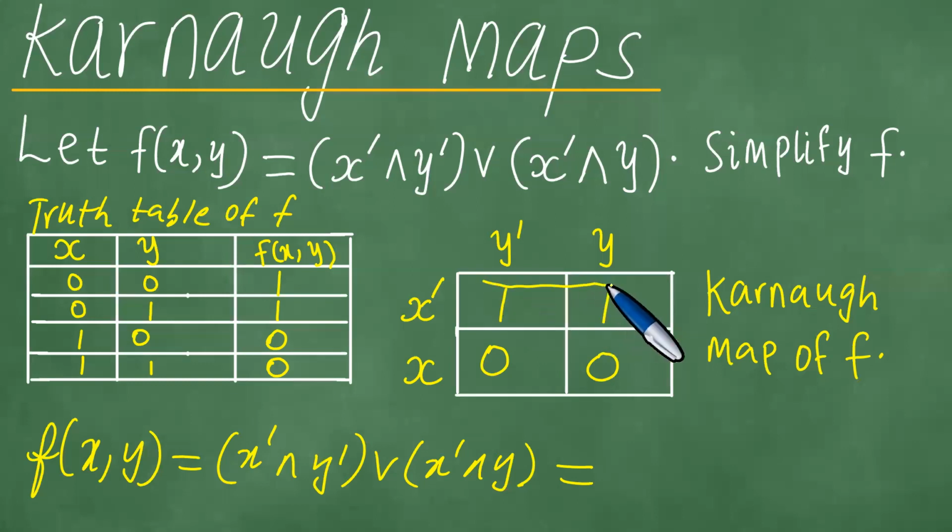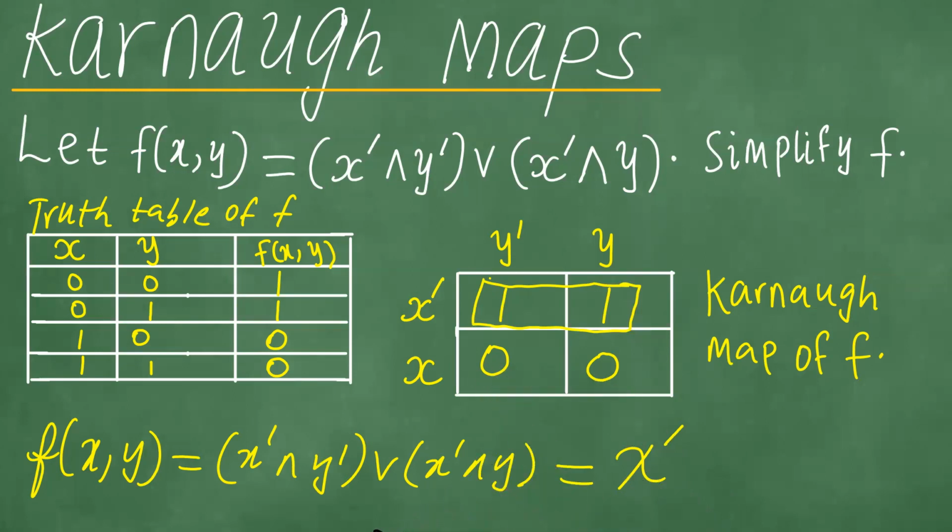So we have, therefore, what we get. This one is exactly x primed, the entire x primed row. Obviously, the x primed row has particular changes from x y primed to y. So the answer to this becomes exactly x primed.